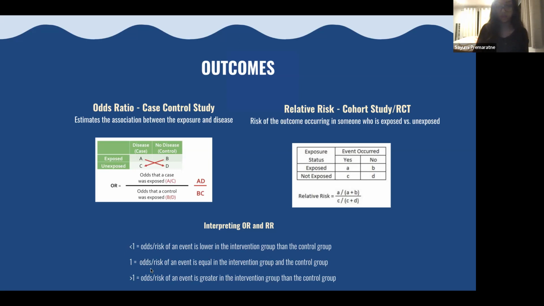And then if it's more than 1, the risk of developing the disease in the intervention group is more than in the control group. This could mean that, say, if it's less than 1, the intervention might be preventative. And if it's more than 1, the intervention might be causing or more harmful.